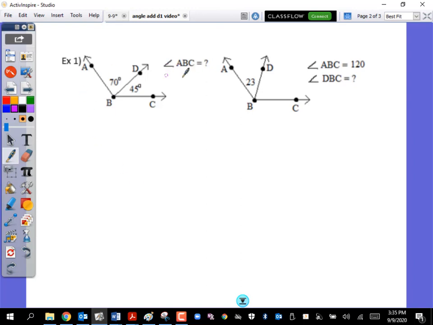Number one is asking for angle ABC. If I look at this picture, I'm going to trace over ABC. Is that a part of an angle or is it the whole angle? In this picture, I can tell that's the whole, so I'm going to label it whole. Do I know how much it is right now? No. I do know that there's 70 degrees on the inside from A to B to D. That's a part, that's 70.